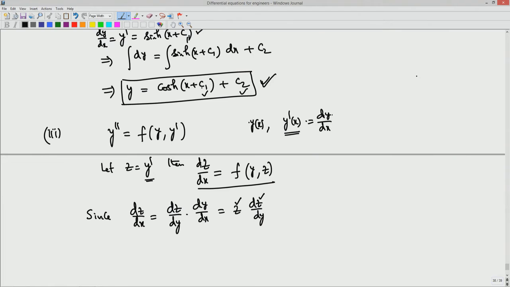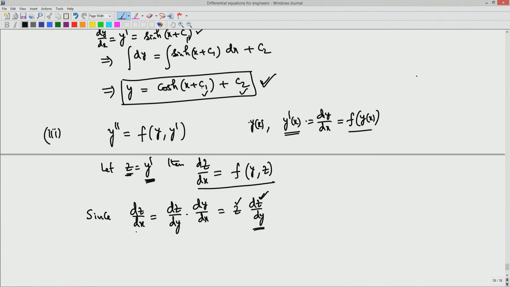If the derivative is a function of y of x, then I can see that y dash is a function of y, that means z is a function of y. If z is a function of y, dz by dy makes sense.